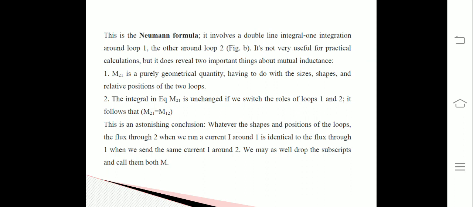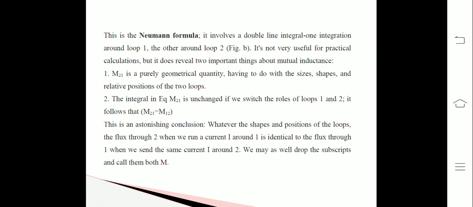It involves a double line integral, one integration around loop 1 and the other around loop 2. It is not very useful for practical calculations, but it does reveal two important things about mutual inductance.